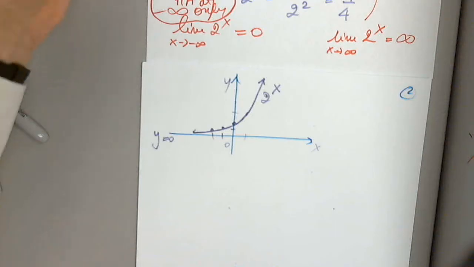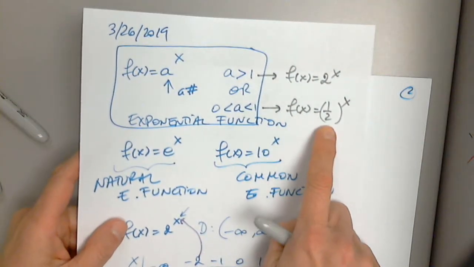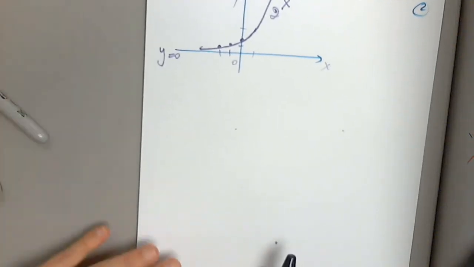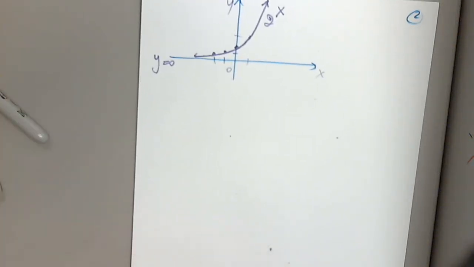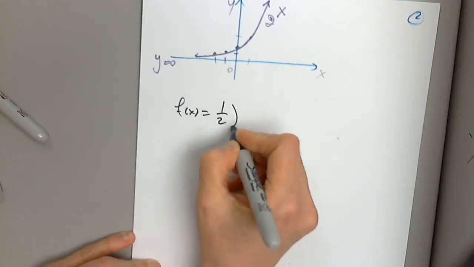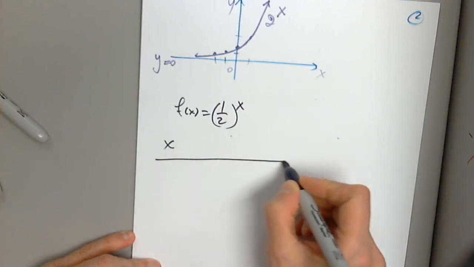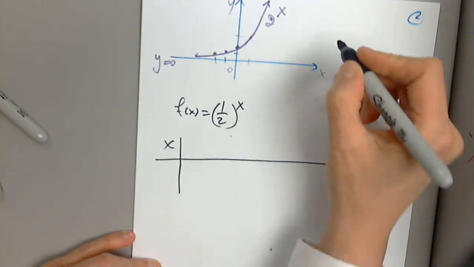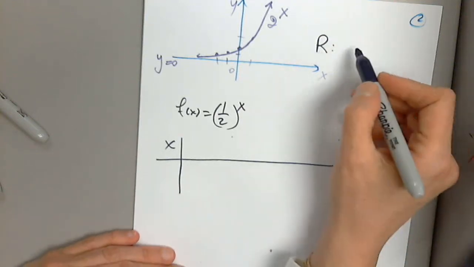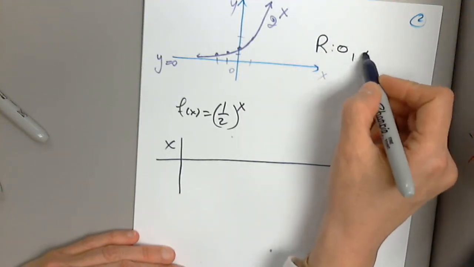Okay, we also have the other alternative, which is 1/2 to the x. Do we remember the graph, or do we have to do the same thing? Okay, let's do the same thing. So f of x equals 1/2 to the x. Can anyone give us the range of this function? 0 to infinity.